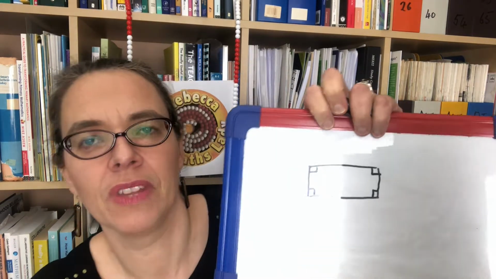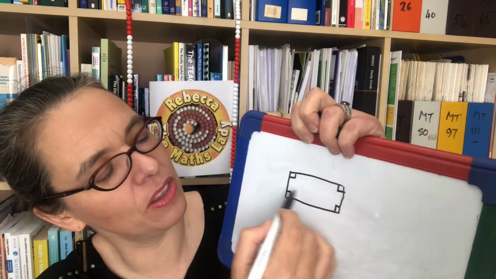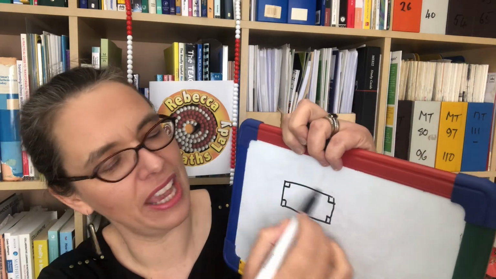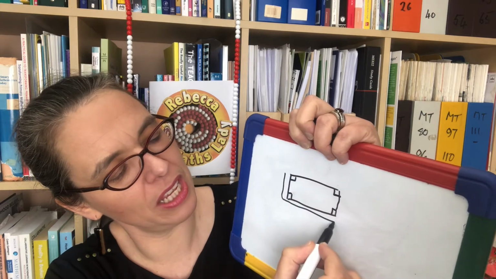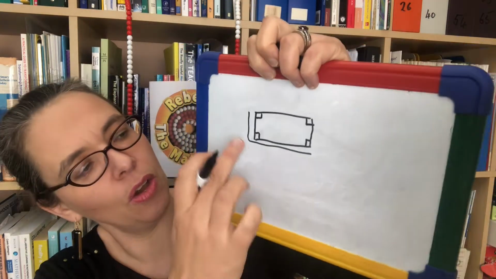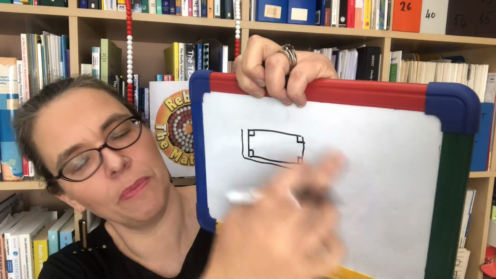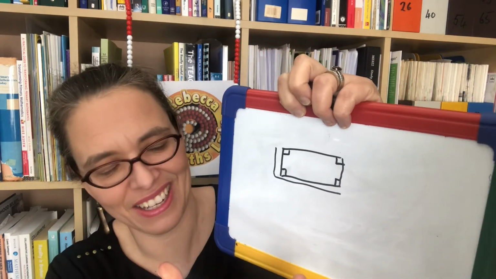That's the art of listening to the child, not listening for the answer you expect to hear. Because here, some children will add the width doubled to the length doubled, but some children will see this measurement here, a width add a length, doubled, and it's slightly different.